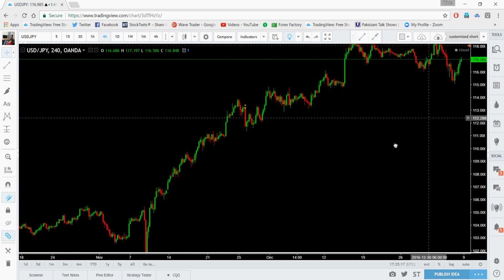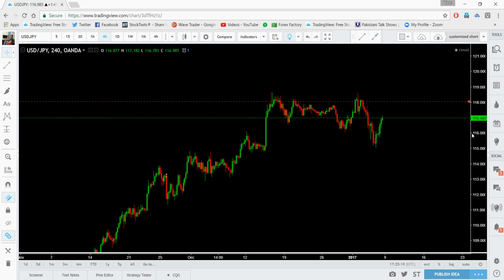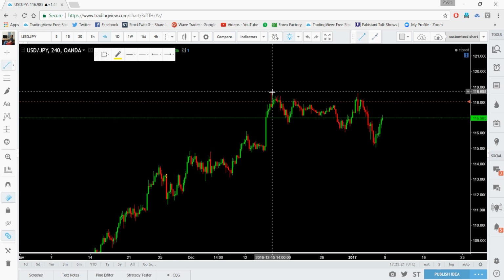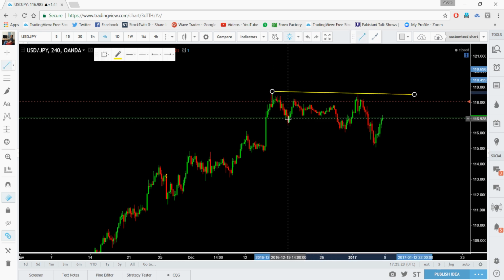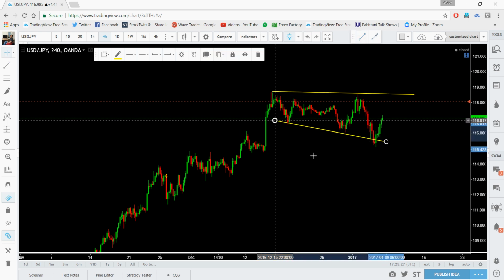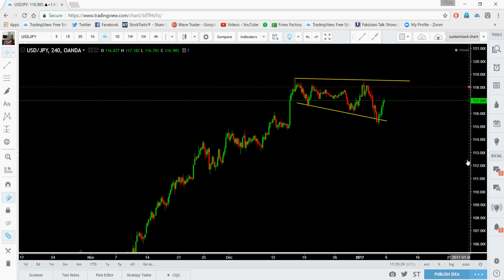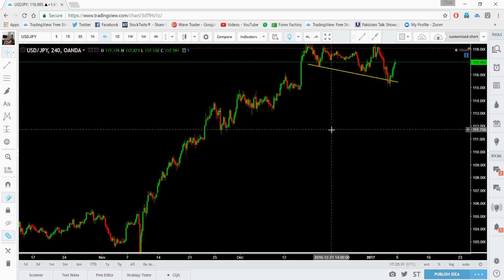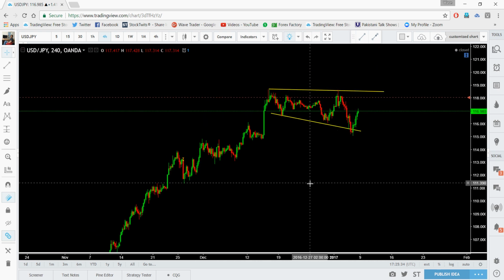For example, last time when we were looking at a buy setup something like this, you can see the trend was strong. Every time price forms a pullback, you can look for upside because the trend is strong here.